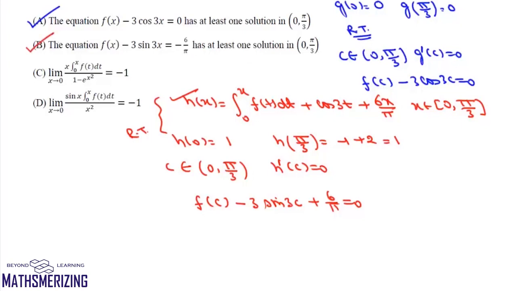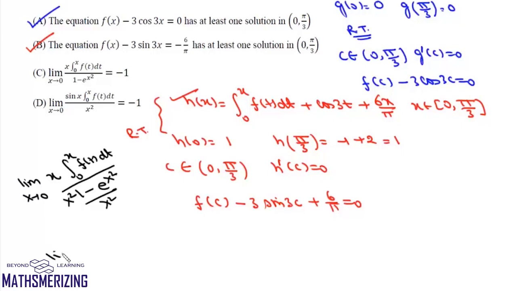Now, if we look at this option C, which is this limit x tends to 0, x into this integral from 0 to x of f(t) dt upon 1 minus e to the power x square. Now, we'll multiply and divide it with x square.